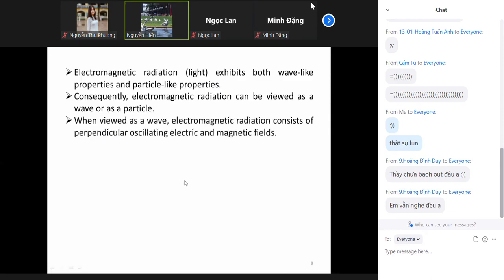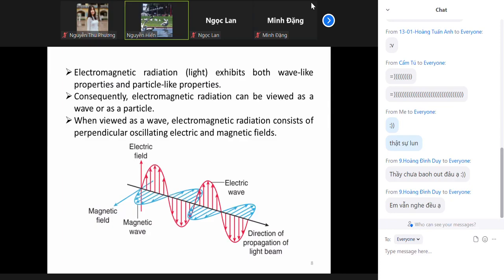When light is viewed as a wave, its electric and magnetic components are perpendicular to each other, as shown in this picture. The red curve represents the electric wave, and the blue curve indicates the magnetic wave. These two components are perpendicular to each other, and also perpendicular to the direction of propagation of the light beam.